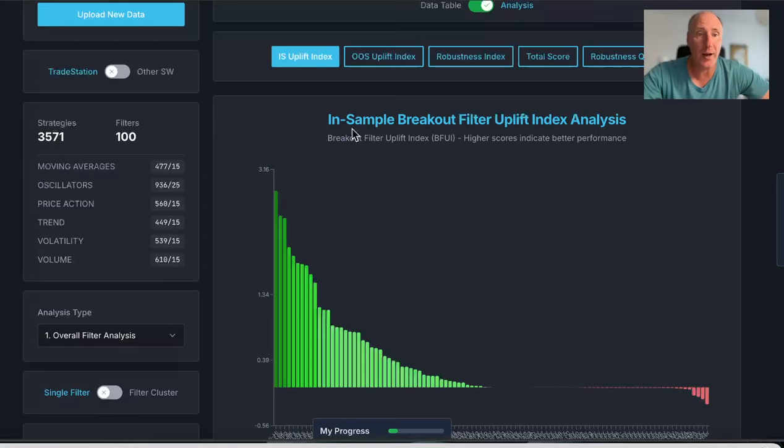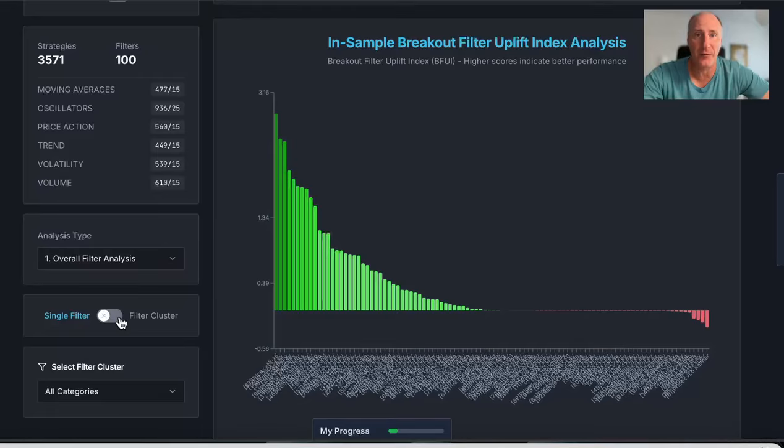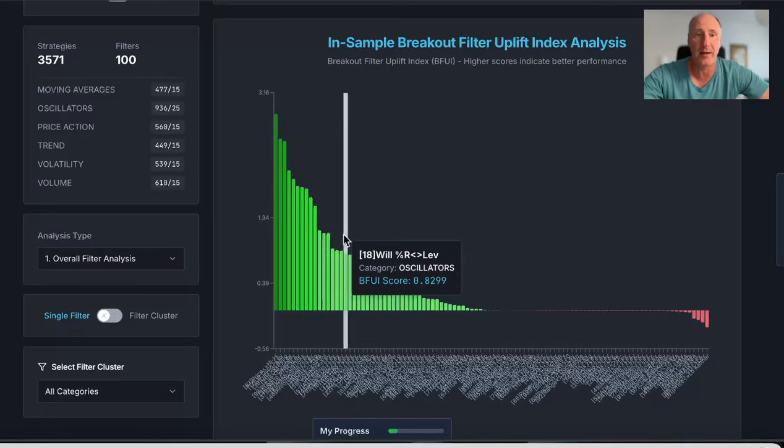But here is the fascinating, fantastic part. What we can actually do in BreakoutOS, first of all, is cluster these indicators. And for me, this is the most important thing. So not only can we assess indicator by indicator, but we can assess clusters and see which kind of directions of indicators overall work the best.